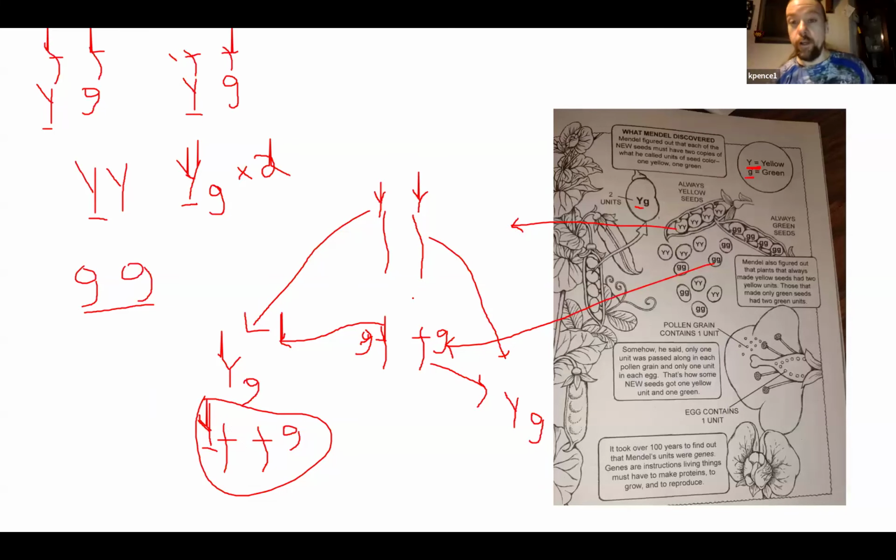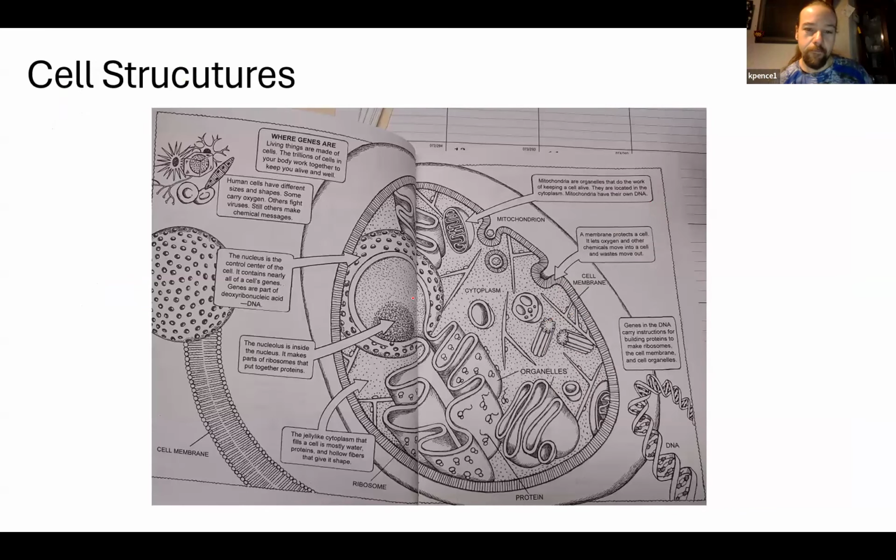I can do this much better on a whiteboard than I can on the computer.